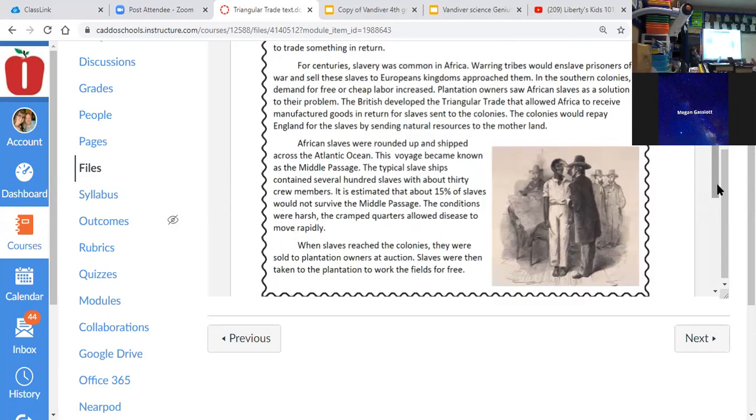This voyage became known as the Middle Passage. The typical slave ships contained several hundred slaves with about 30 crew members. It is estimated that about 15% of slaves would not survive the Middle Passage. To put this in hard numbers, guys, if there were 200 enslaved people on a boat, 30 would not survive.